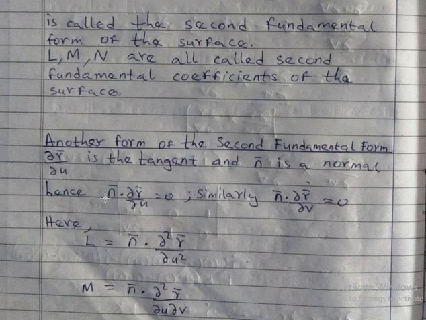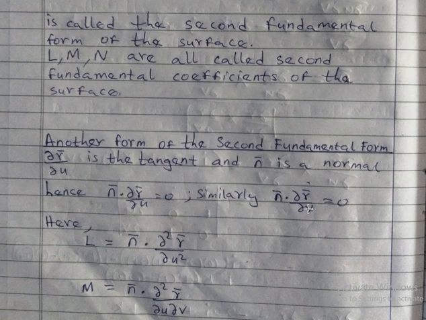The unit normal n dot dr du is equal to 0, because the angle between the two vectors is, sorry, 90, because they are perpendicular, and cosine of 90 is 0. Similarly, n dot dr dv will also be 0, because the angle between the n vector and the dr dv vector is also 90, and cosine of 90 is 0.